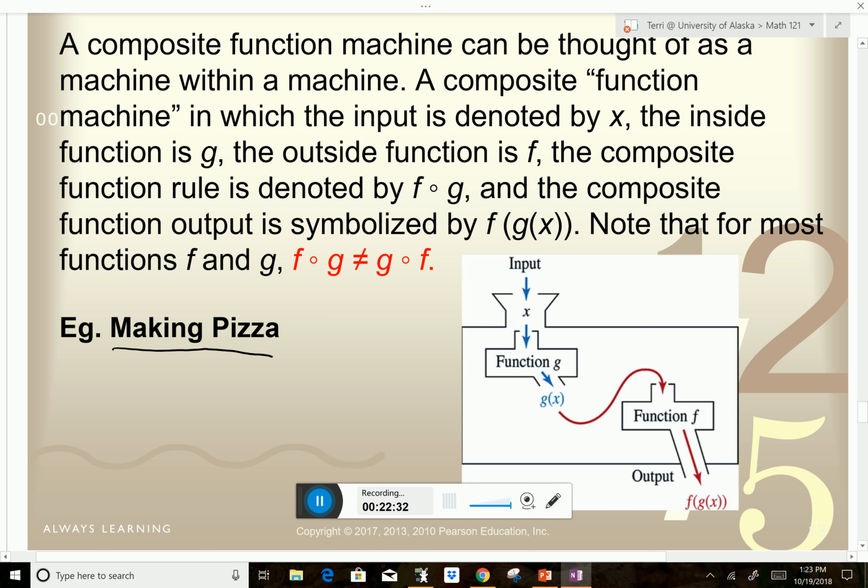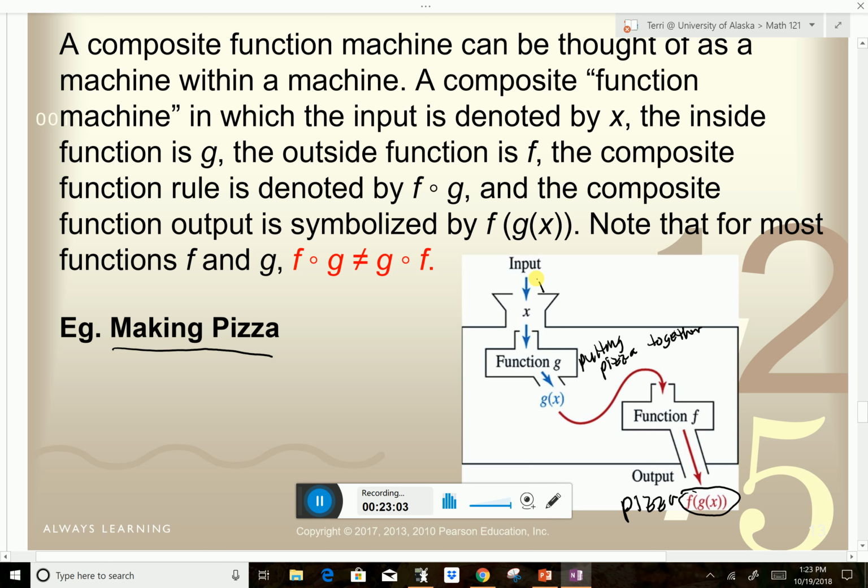In other words, to make pizza, we input all the ingredients. Then the function g is putting the pizza together. And then we take basically a Papa Murphy's pizza and stick it in the oven and we get an output. We get our pizza out here.